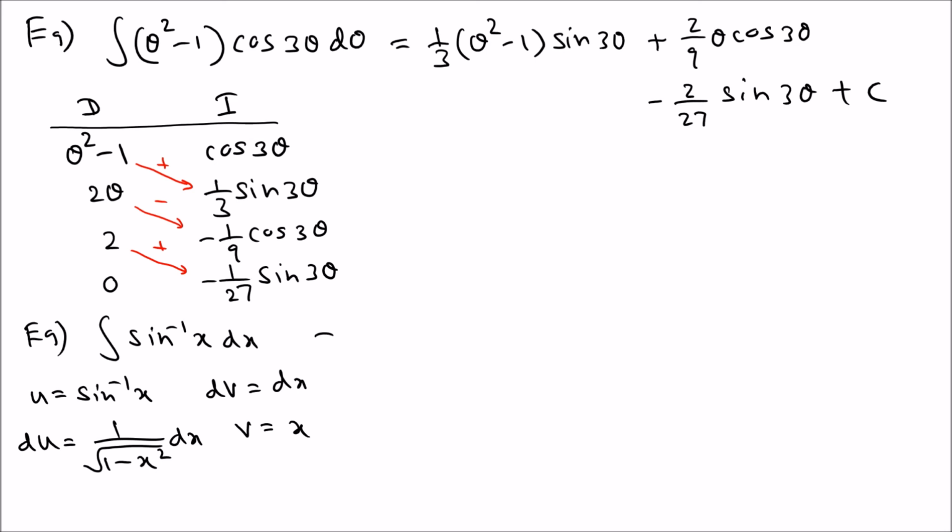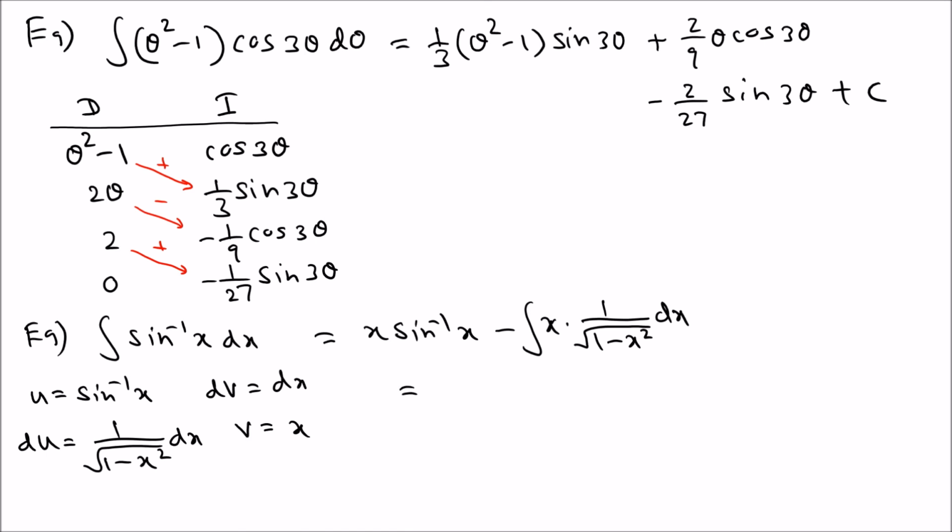So according to that argument, you're going to get uv minus integral of v du. So uv, that means x sine inverse x, minus integral of v du. That means 1 over square root of 1 minus x squared dx. Okay, and then you can see that the second integral is not that bad. It's easy to integrate.